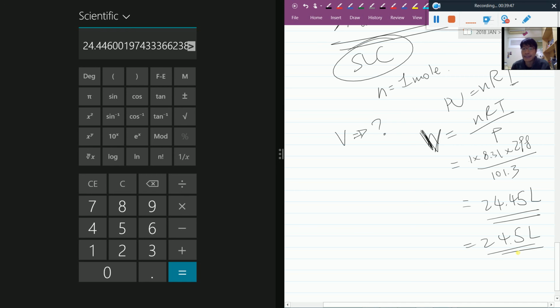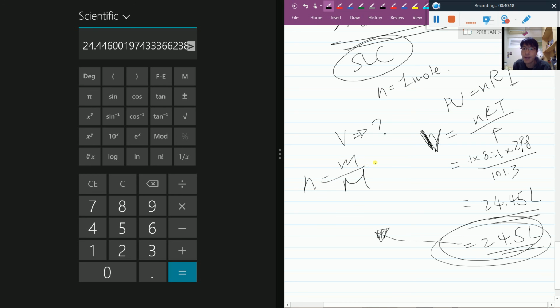Please remember this, 24.5 or 24.45, as this is the one that you need to use quite a lot when you see any gas law equations or gas law questions. By dealing with this, you can apply it to the number of moles, because number of moles equals mass over molar mass.